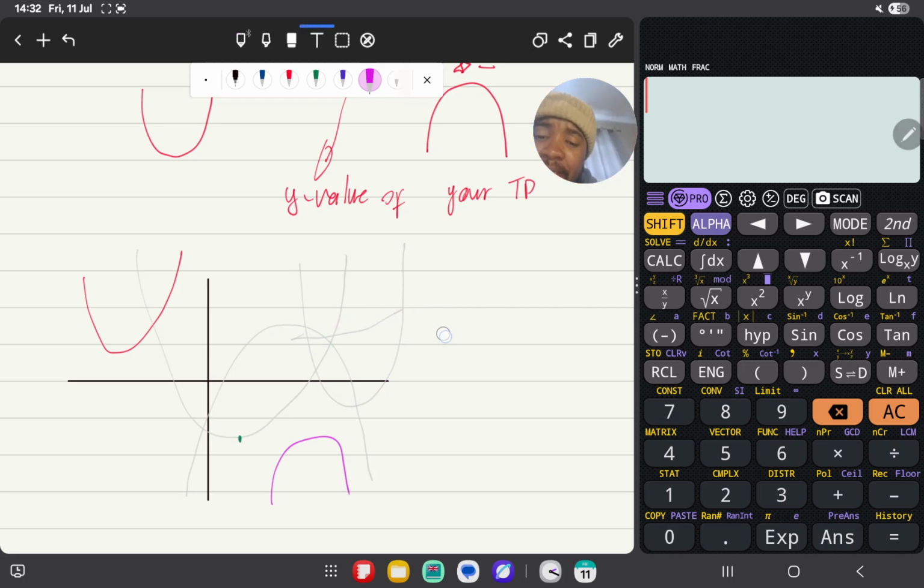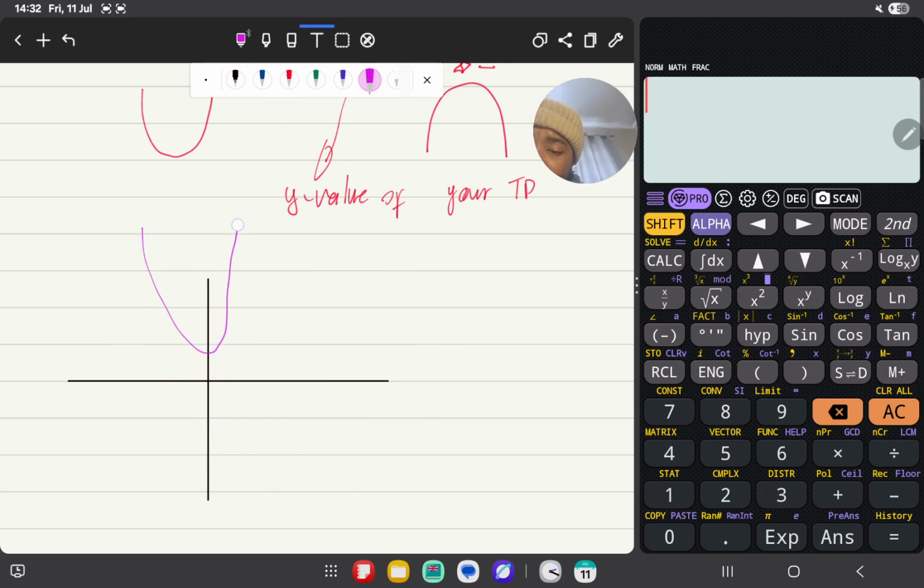But as for you guys in grade 10, the parabola you are focusing on has the turning point exactly on the y-axis, right?